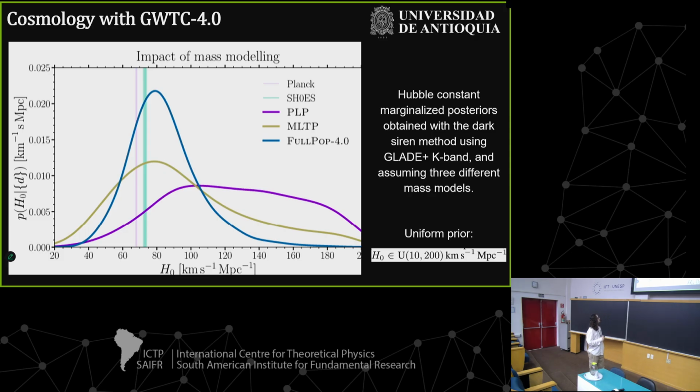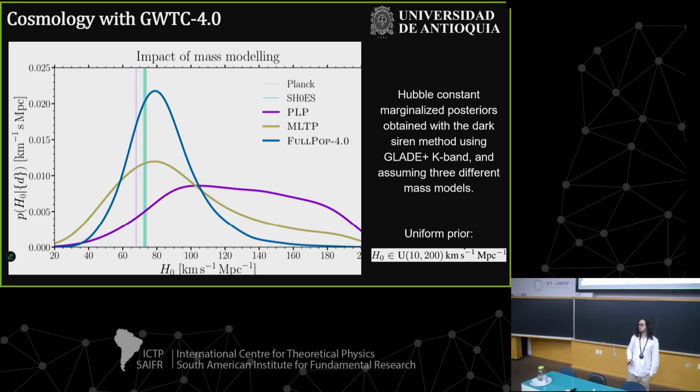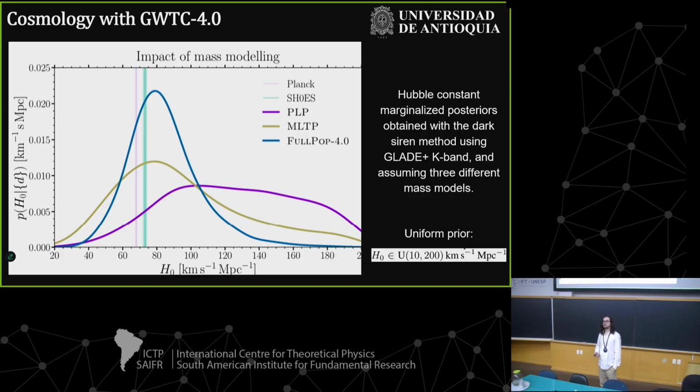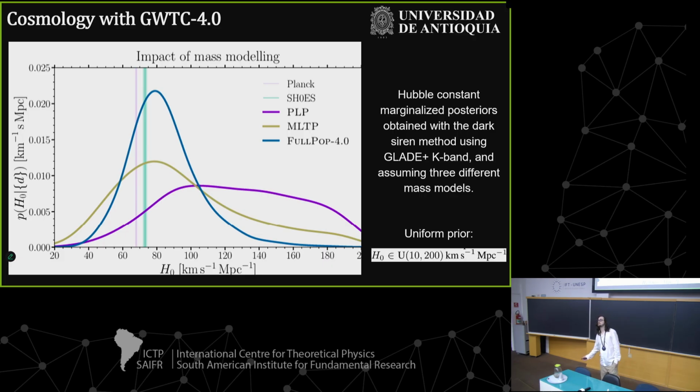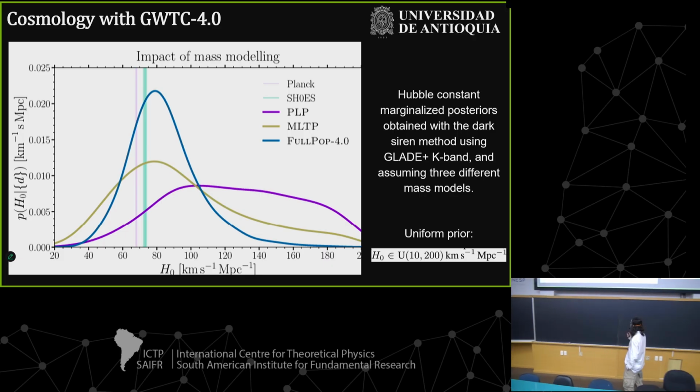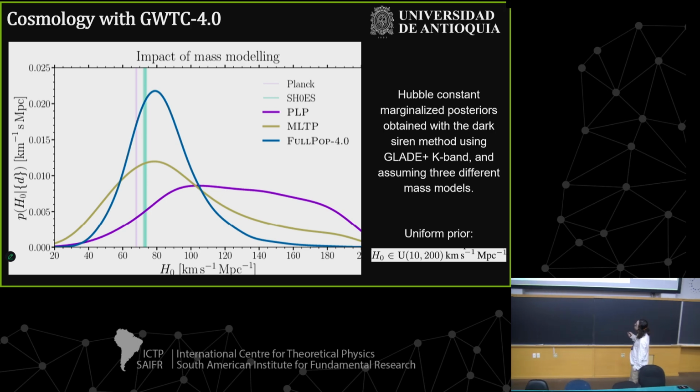We can see that the full pop, which allows you to capture more details about the CBC population, like more peaks, but also allows you to explore the neutron star mass range, allows you to have these different constraints.